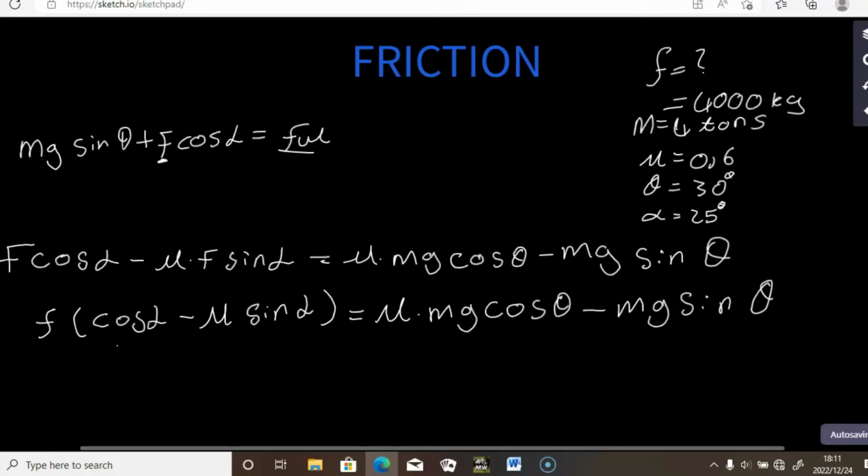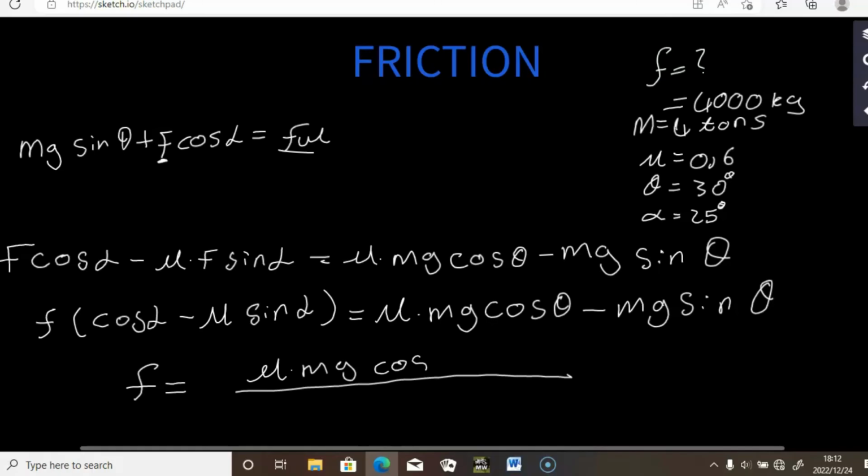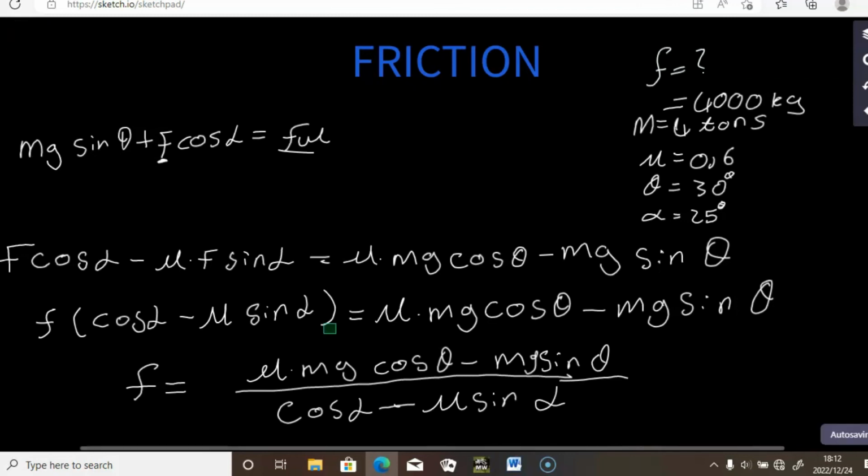And then we are going to divide both sides by this, which will give us a formula like this: F is equal to mu mg cos theta minus mg sin theta, divided by cos alpha minus mu sin alpha. And then from here we substitute.